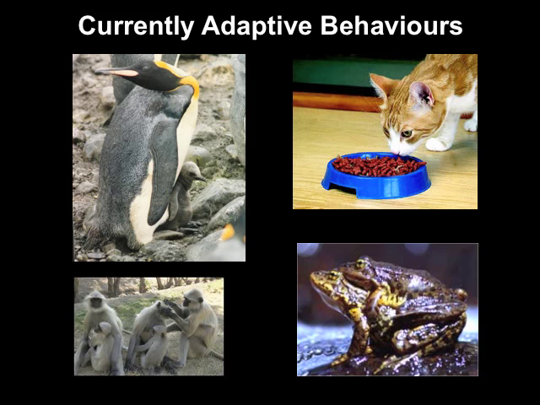Currently adaptive behaviors are all the really obvious things that help you to survive and reproduce. So parental behavior, social grooming behavior, foraging, eating behavior, mating behavior. All pretty obviously adaptive, all obviously help us meet this end of surviving long enough to reproduce as much as we can.